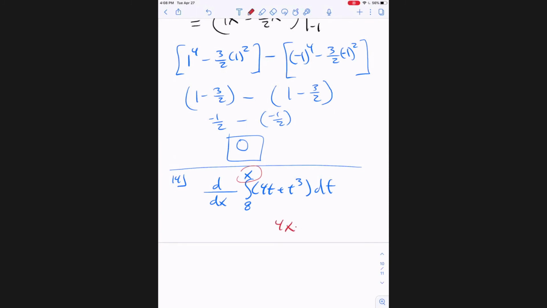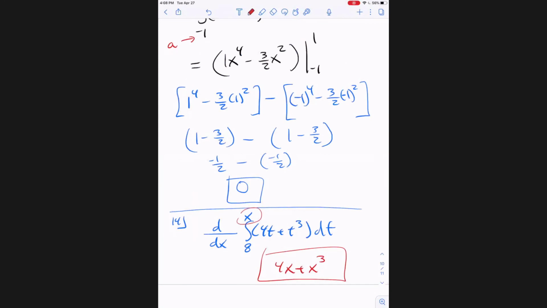So it's 4x plus x cubed, and that's it. We'll do another example. That was too easy. Let me know when you're done writing everything down, then we'll do another one.